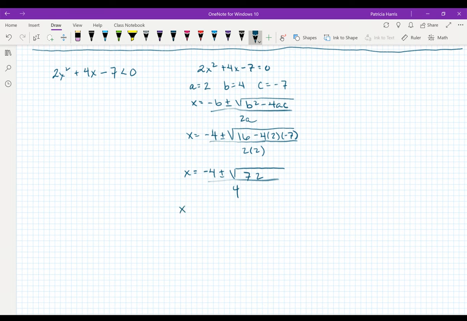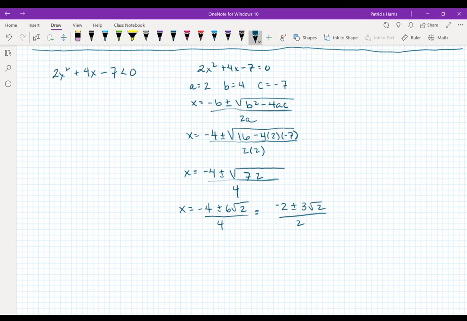So 72 is 36 times 2. The square root of 36 is 6, all over 4. And then I can reduce it. So -2 plus or minus 3 square root 2, all over 2.